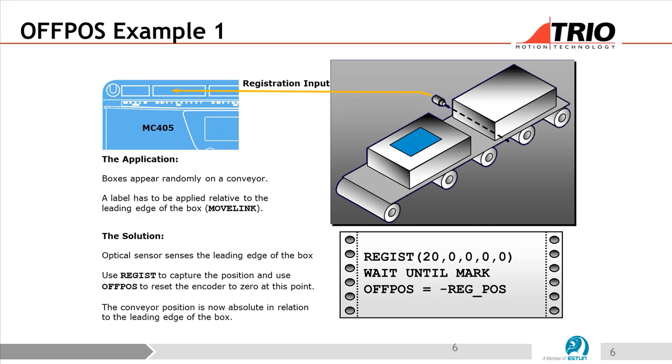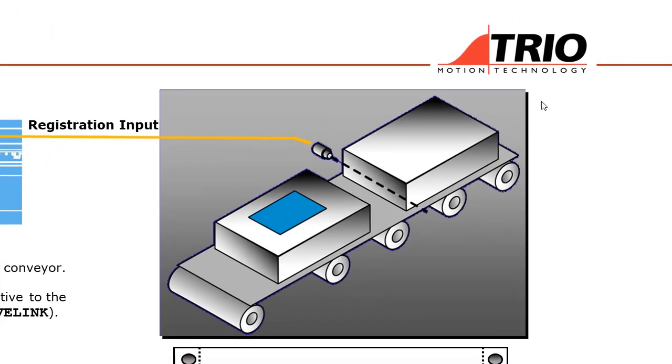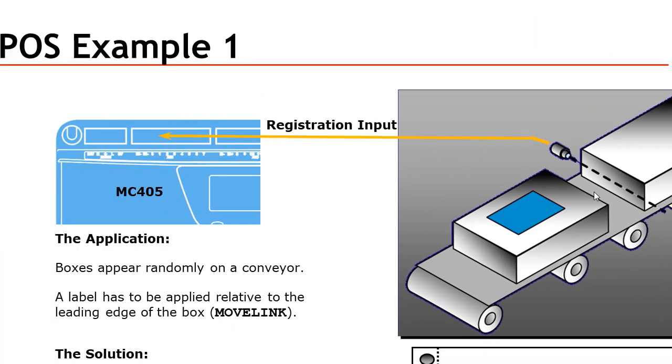The way that works is, say the box passes the light beam when MPOS is 100. Okay. Later on, when the box is further down the line, say MPOS is 105, the REGPOS will be 100.